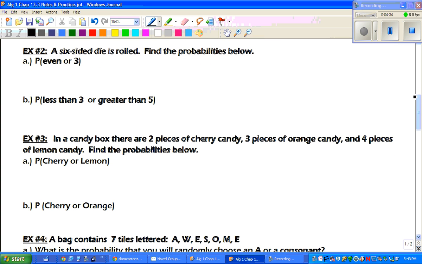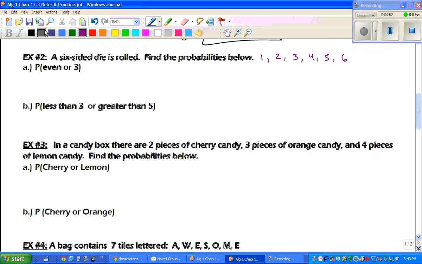Example number 2 says a 6-sided die is rolled. Find the probabilities below. Okay, die is just singular for dice. So the numbers on a die are 1, 2, 3, 4, 5, and 6.